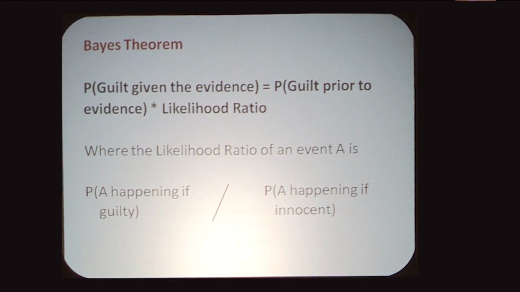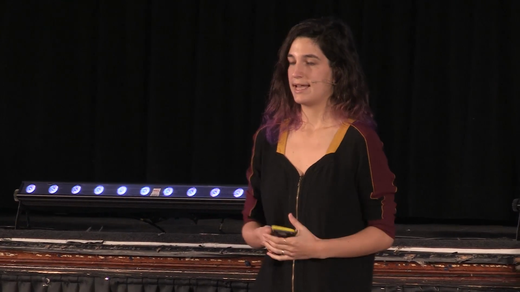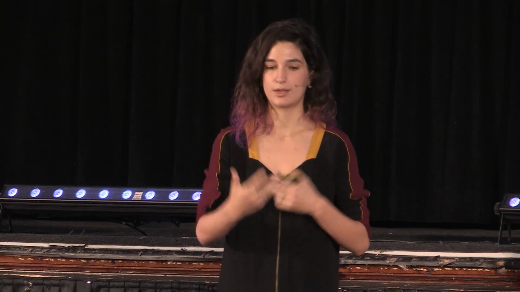But what actually happened, which was really interesting, was that Peter Donnelly, instead of just doing everything himself, gave everyone in the jury the formula, and he also gave them a very detailed questionnaire to help them understand what each of the probabilities were.